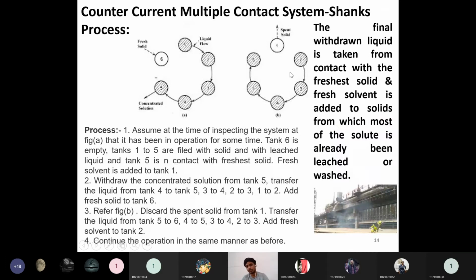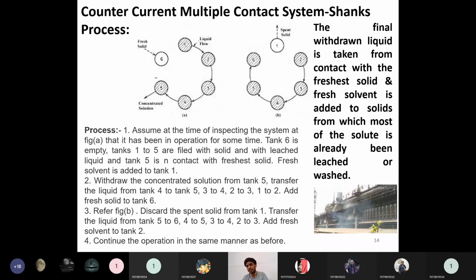It can be arranged in a linear fashion also. Like if you see here, this is called coke oven batteries in the steel plant. In the coking of coals, this is the best example. They will arrange this leaching operation in battery form, popularly called batteries in the steel plant.